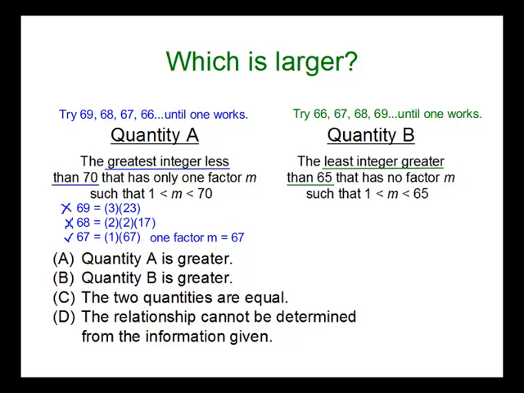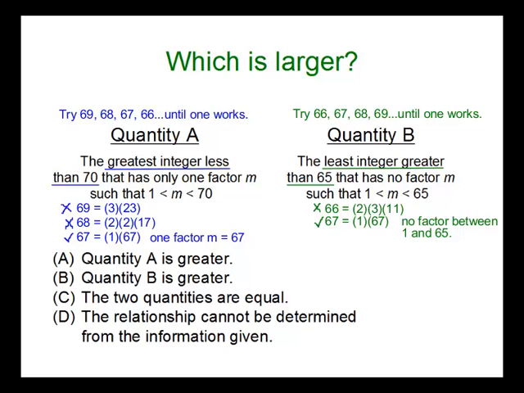Similar logic with B. Does 66 have no factor between 1 and 65? Well, we won't know until we test it. And when you do, you find 2 and 3 and 11. Okay, there's a bunch of factors between 1 and 65. 67, though, factors the same way as before, and it has no factors in that range. Again, think about what it is about 67 that makes that so.